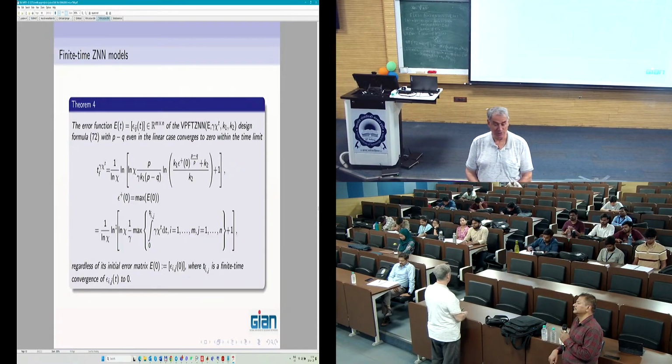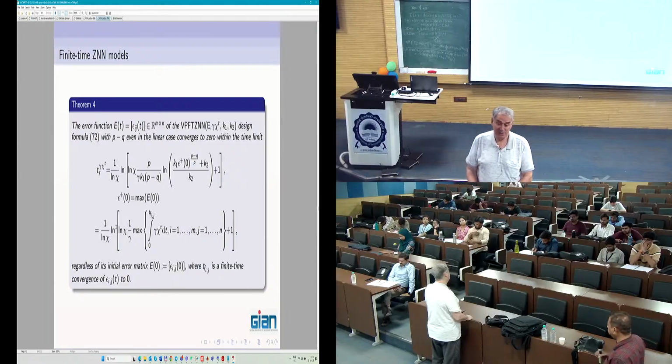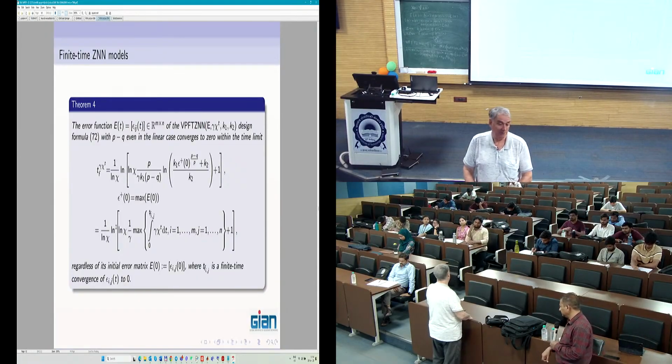Probably it is possible to investigate Q by P less than 1, whether it is better to choose Q by P near 1 or smaller values. We didn't investigate so far, but for example, it looks possible.